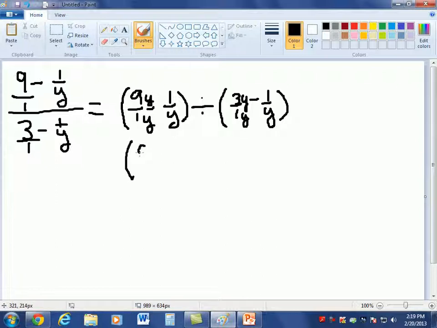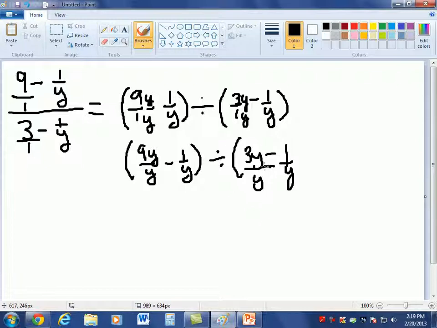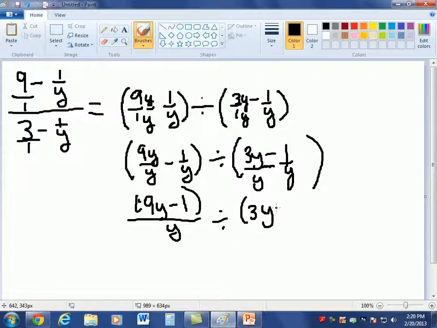So now what we get is 9y over y minus 1 over y divided by 3y over y minus 1 over y. Okay? So this ends up being 9y minus 1 over y divided by 3y minus 1 over y.